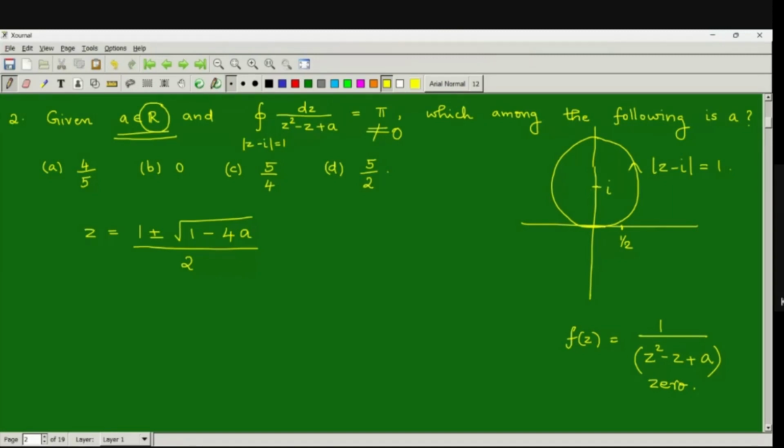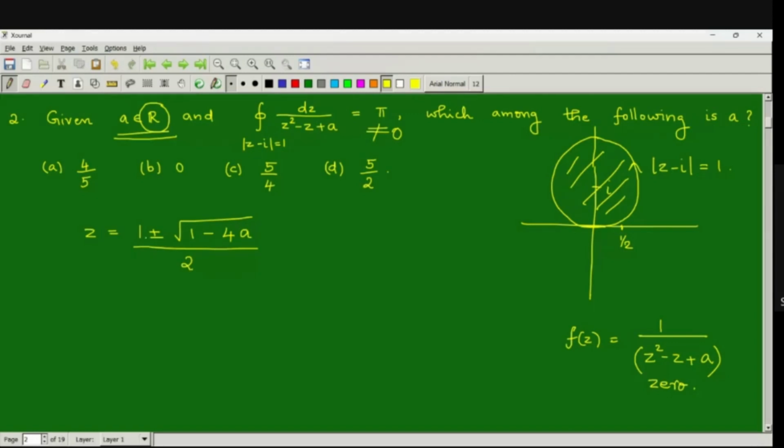Ma'am? Yeah, sure. What we were looking into is the denominator, such that the denominator has a zero inside the circle, right? The zeros are precisely these: (1 plus square root of 1 minus 4a)/2 and (1 minus square root of 1 minus 4a)/2.